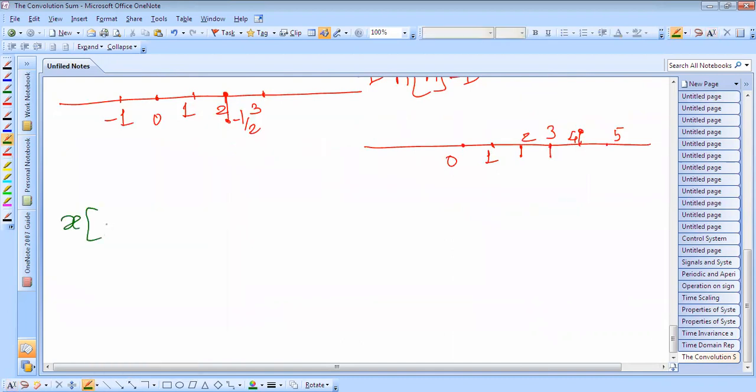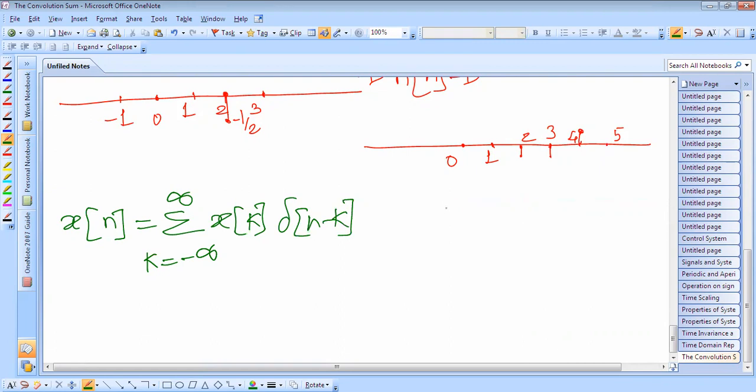So the next step is we have to add all the functions, that is x of n is equal to the summation of k equal to minus infinity to infinity x of k into del of n minus k.